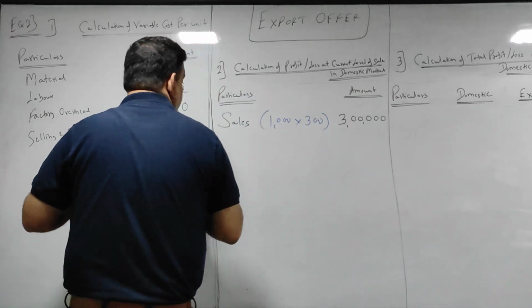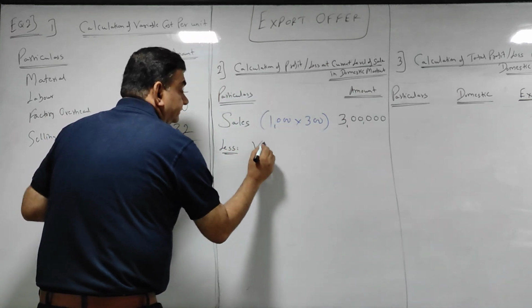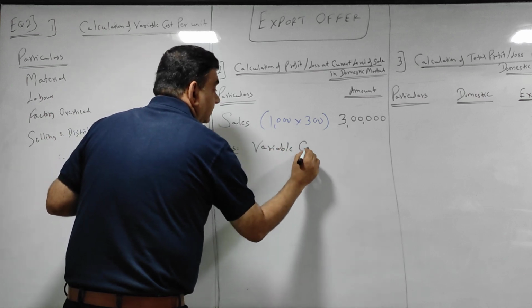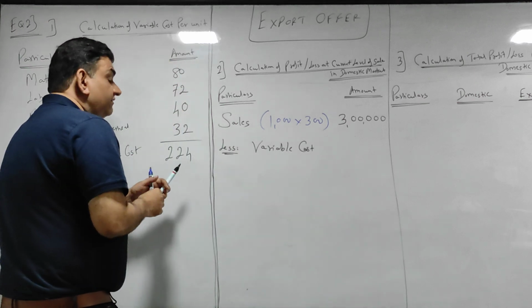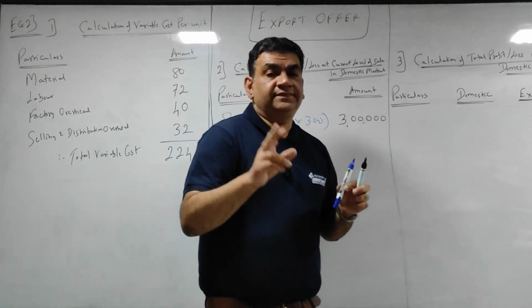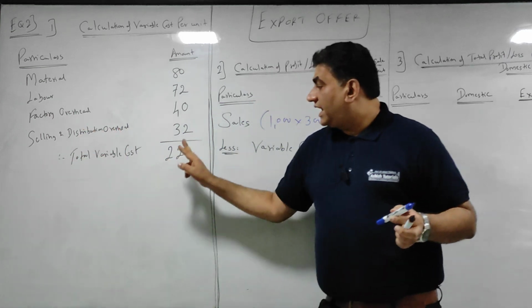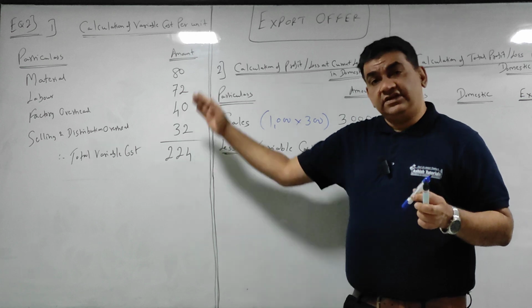Now from this I will deduct the variable cost. Now listen, I don't need to write all this again. I already got variable cost 224. Another reason for doing this.